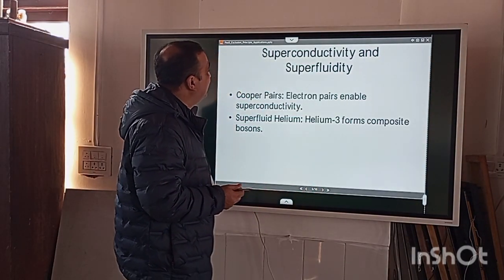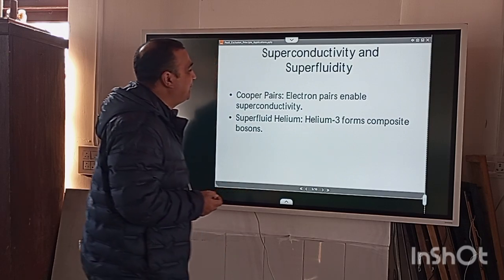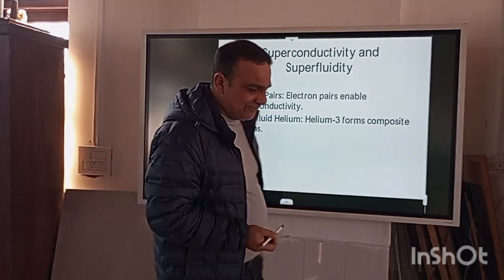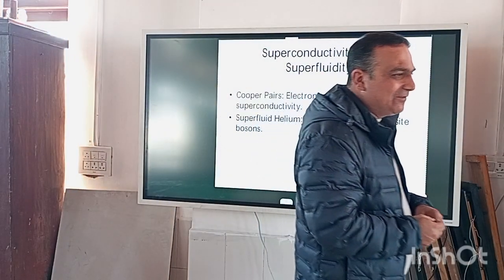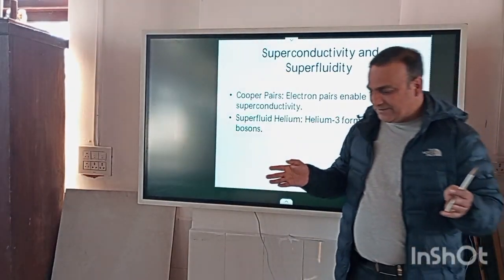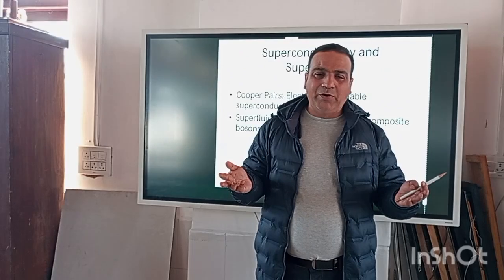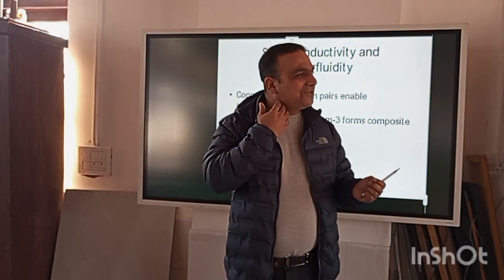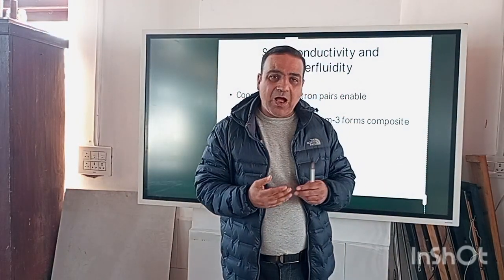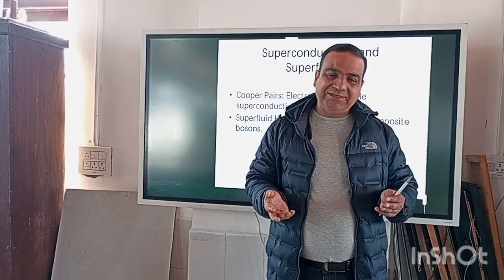Another important application of the exclusion principle comes in the field of superconductivity. As we know, we find certain materials. The first one was probably mercury, discovered by Kamerlingh Onnes in 1916.